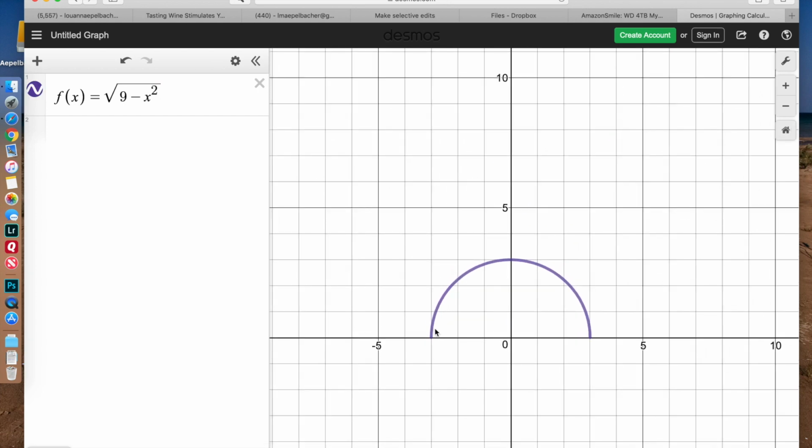And notice that algebraically we said that it's -3 to +3, and if you look at this graph, it does have a value at -3, and it does have a value at +3. And so the domain is all the values between -3 and +3, including those two numbers.